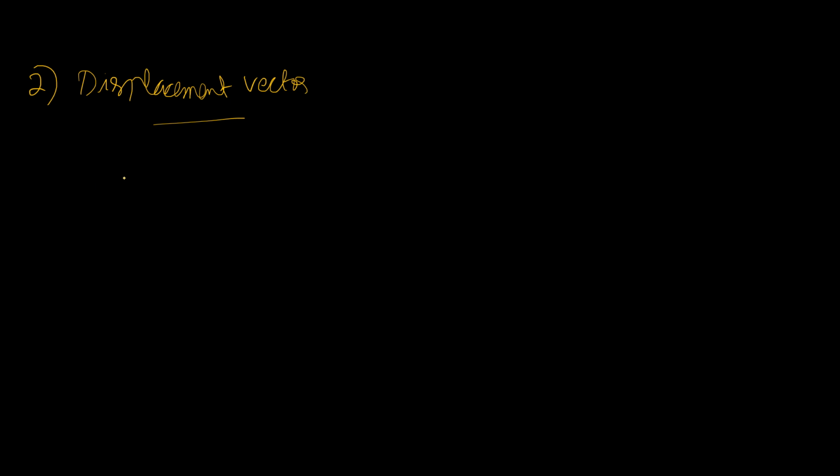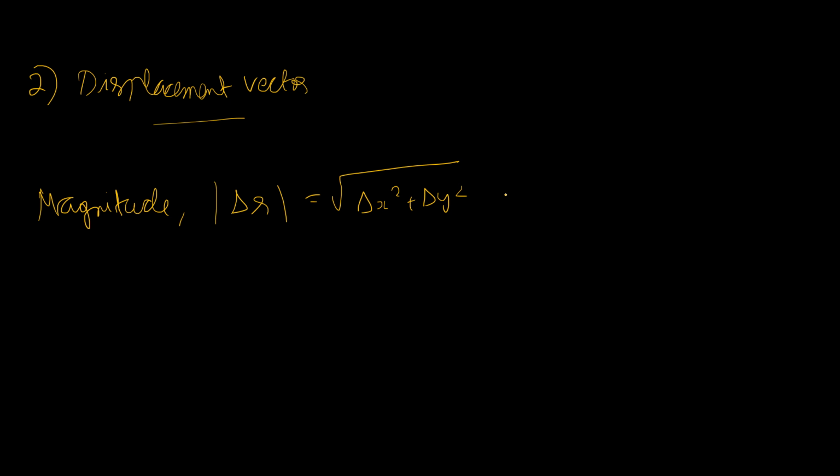The magnitude of the displacement vector is denoted as mod delta r equal to root of delta x square plus delta y square, which is equal to root of (x2 minus x1) the whole square plus (y2 minus y1) the whole square.